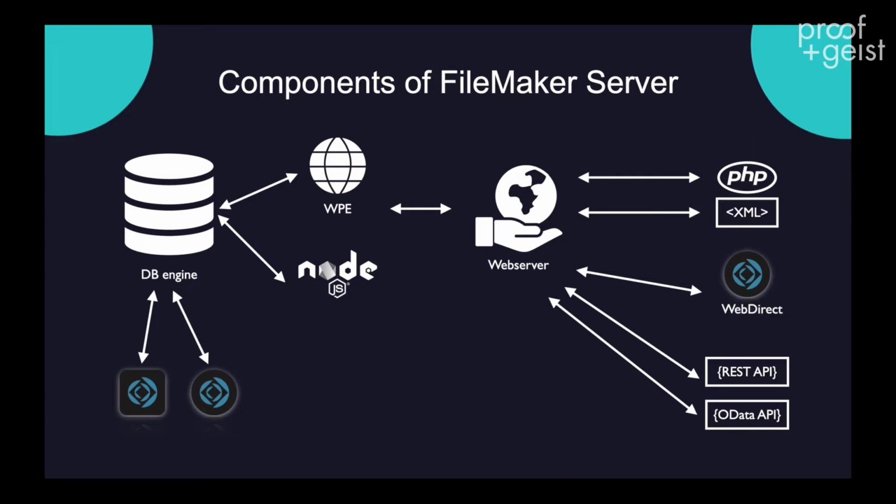You can get the Apache web server and use that for the Ubuntu 20 release, but by default it is using Nginx. So this is roughly how the FileMaker Server is structured under the hood. Naturally, there's a lot more to it, but this is the overview.